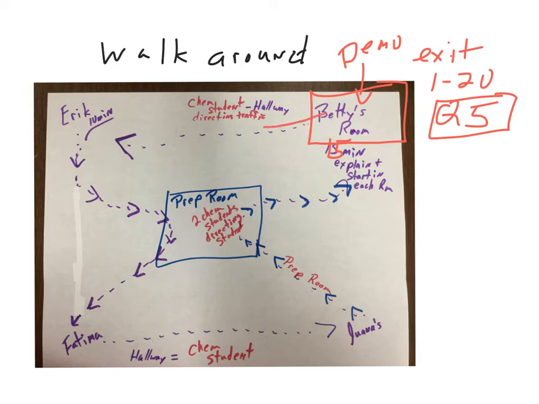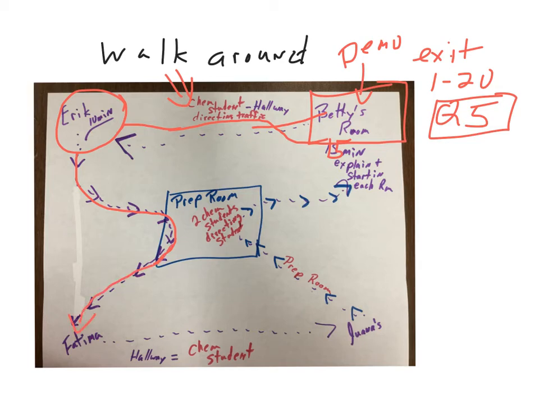They're going to go out from my room into the hallway. There's going to be a chemistry student right there directing traffic and making sure that kids do not leave to the stairwells. And they're going to go into Sara's room, and they're going to spend 10 minutes in that next room. Eric's class is going to go through the prep room. I'm going to have 2 chemistry club students in there directing traffic, and they're going to go into Fatima's room.